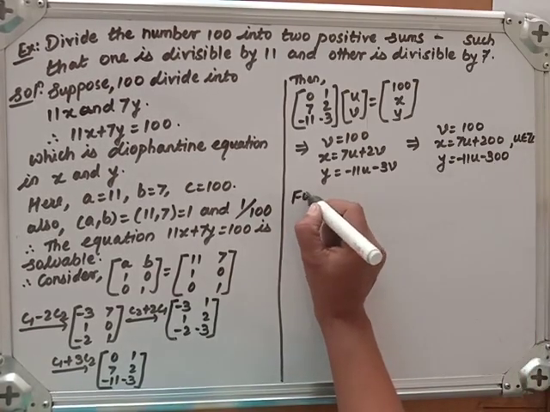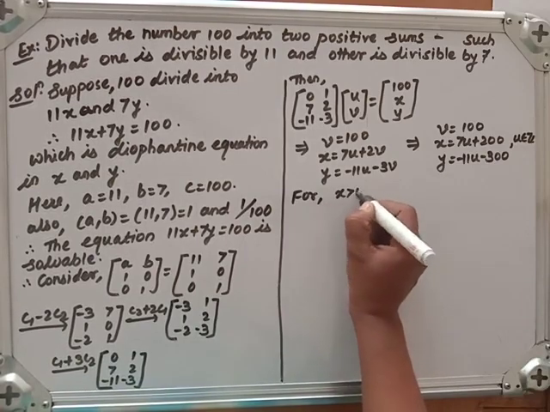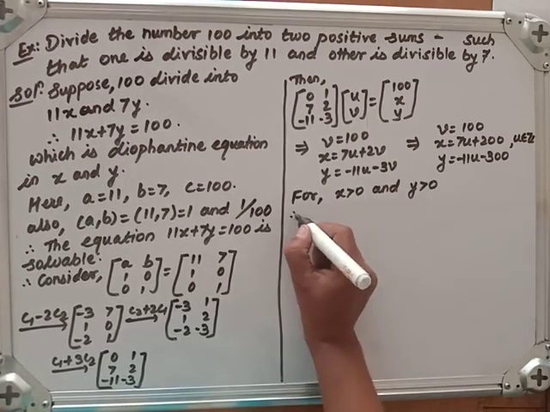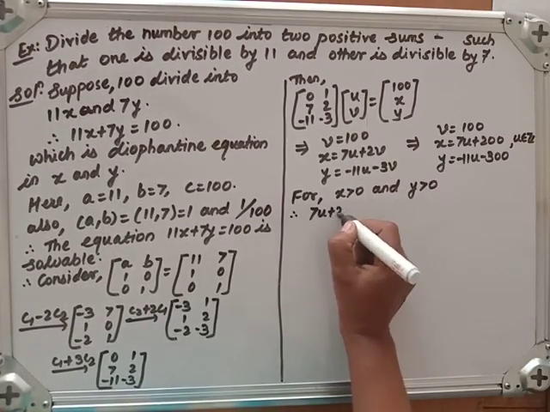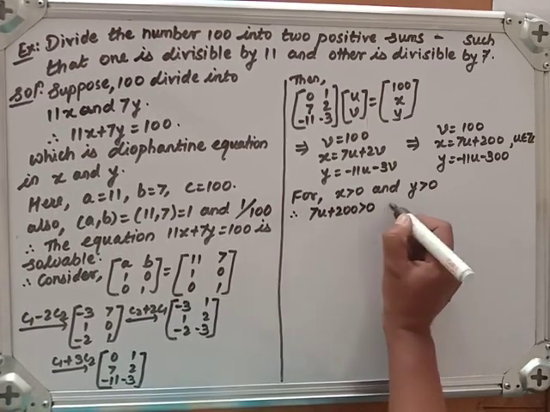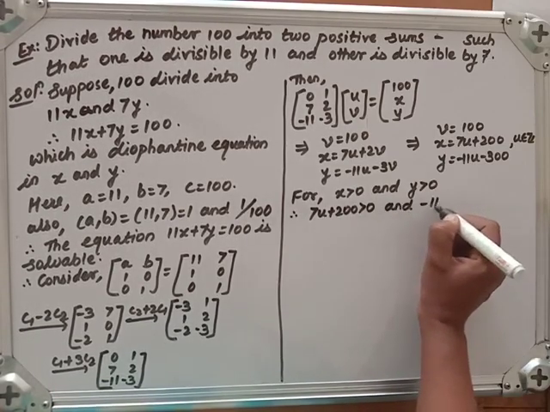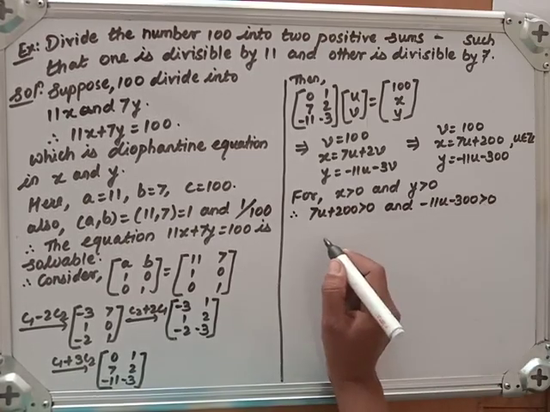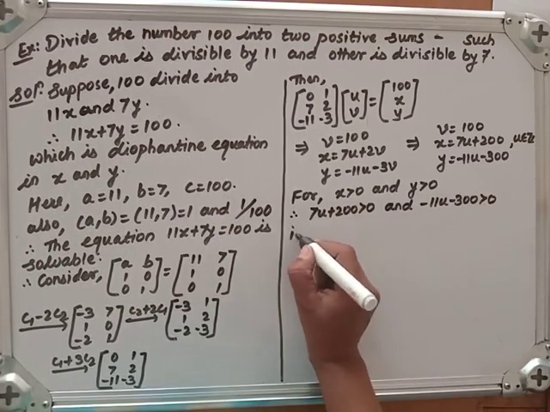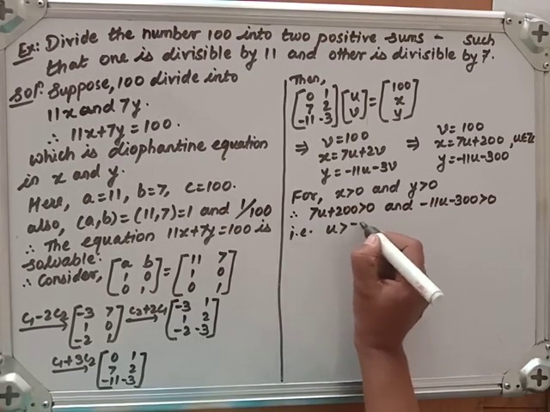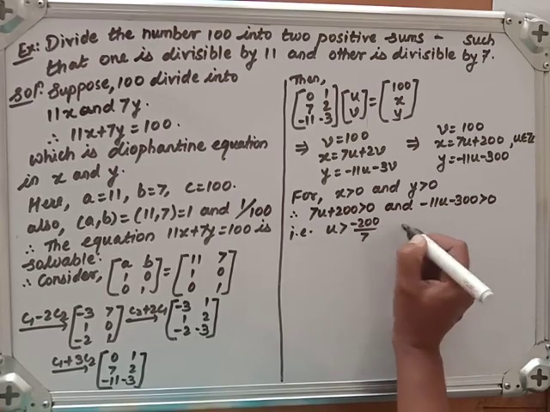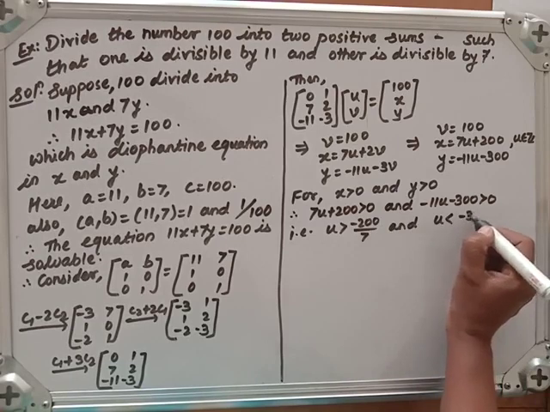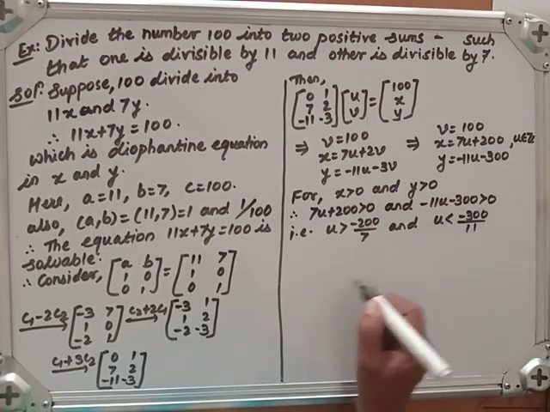For x greater than 0 and y greater than 0, therefore 7u plus 200 is greater than 0 and minus 11u minus 300 is greater than 0. That is, u is greater than minus 200 by 7 and u is less than minus 300 by 11.